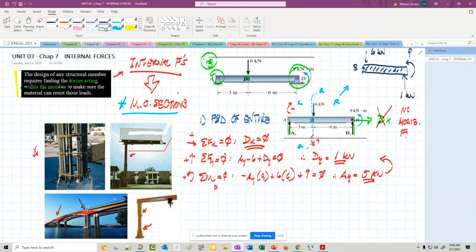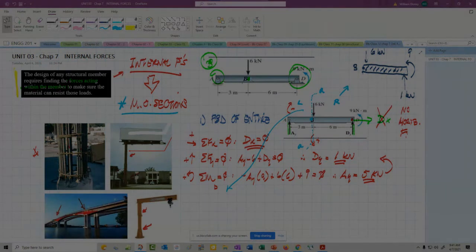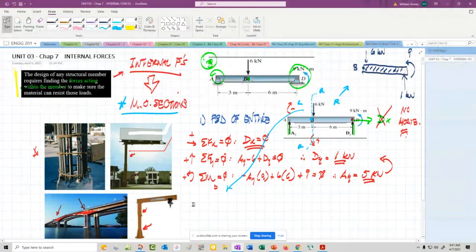Now I'm going to move the left section and put it down here, and I'm going to use what's in the book because they do a nice drawing of it. So let me grab that. There we go.